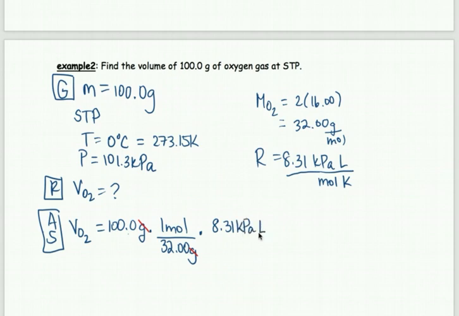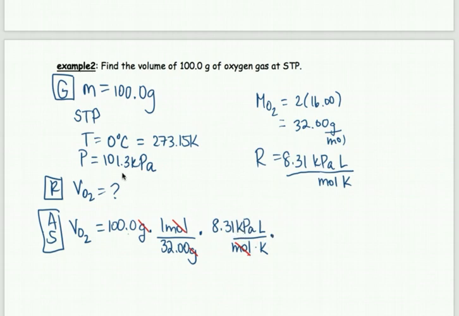So the moles go to the bottom, kelvins go to the bottom, and liters and kilopascals are at the top. We have taken care of our moles. Our goal here, remember, is volume, so we need liters to be left over. We need to take out kilopascals and kelvins. It doesn't matter which one you get rid of first, so let's say kilopascals.